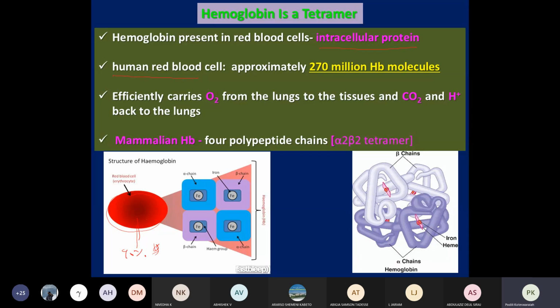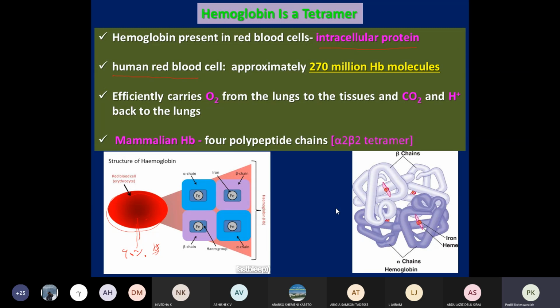And we know that this hemoglobin is a tetramer, in the sense it is a multimeric protein. It has two alpha chains and two beta chains present, and all these are associated with each other for exhibiting its function. And this is about the overview.